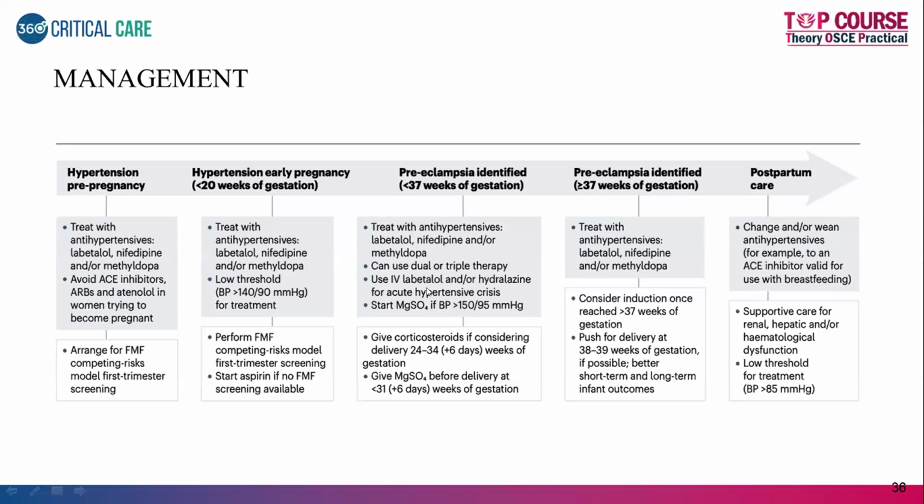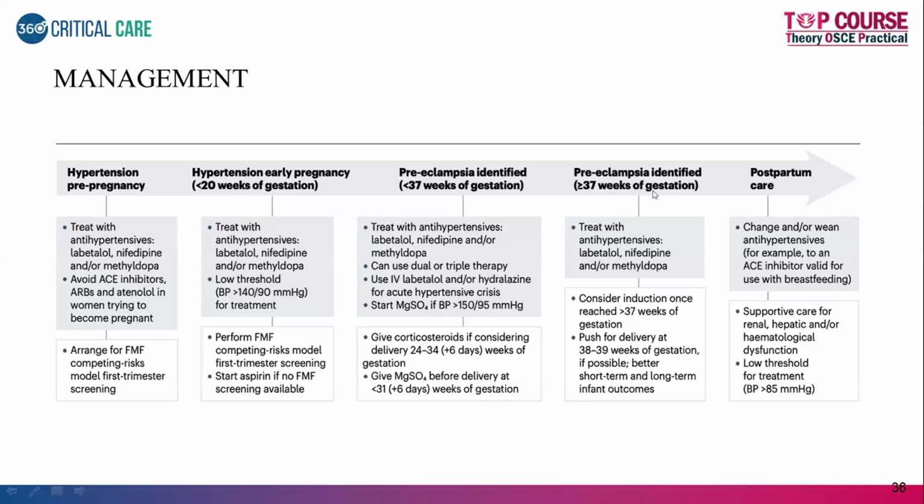If the patient has severe symptoms, give magnesium and then decide upon the viability. If you're planning for emergency delivery, or if the patient has any other complication, do the delivery. If you're planning it in a day or two, then give steroids for fetal lung maturation.